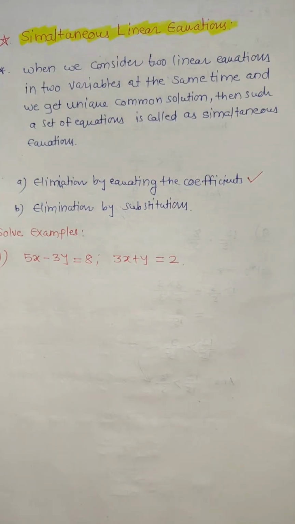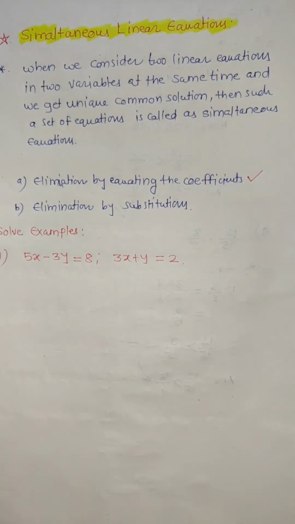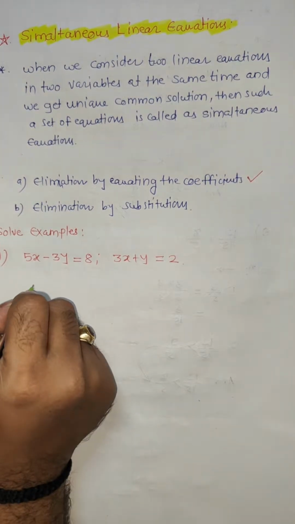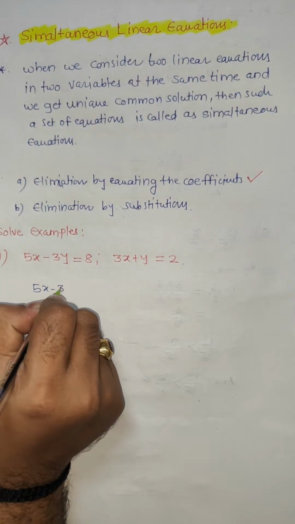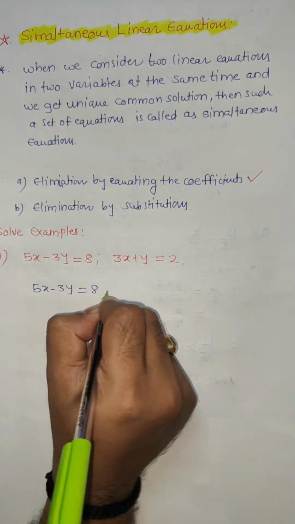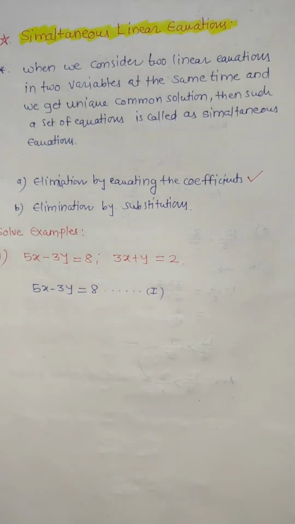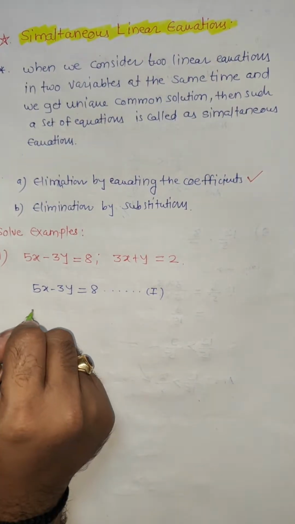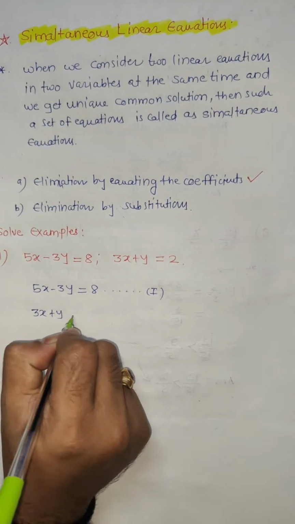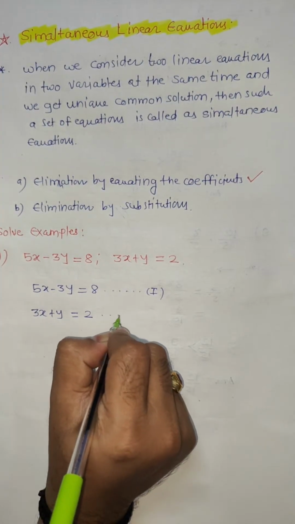Now, by elimination, equating the coefficient first. This is the first equation, 5x minus 3y is equal to 8. This is equation number 1. Equation number 2 is 3x plus y is equal to 2.